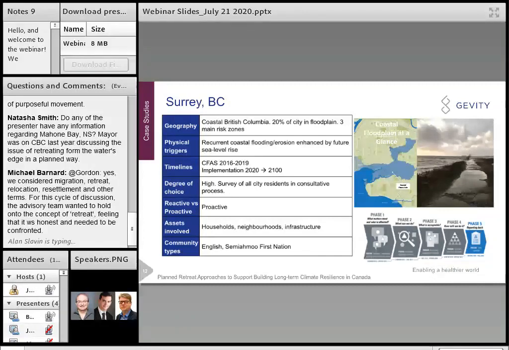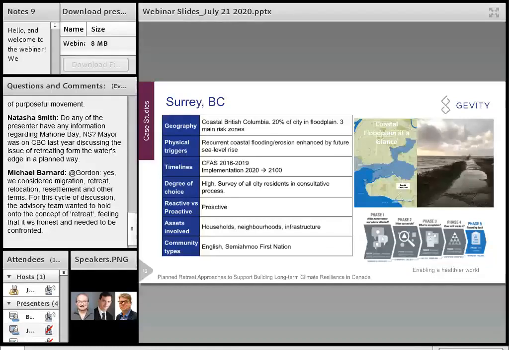Starting on the West Coast, Surrey, British Columbia, if you're familiar with that municipality, part of the Greater Vancouver region, and the largest municipality in the Greater Vancouver region. But about 20% of the city is either in river or coastal floodplain. So there's significant risks currently in Surrey, and even more significantly under projected climate change.